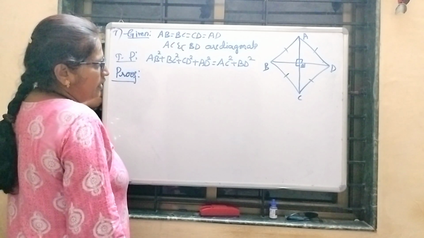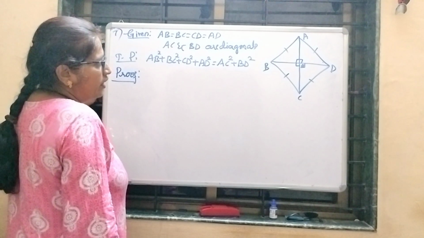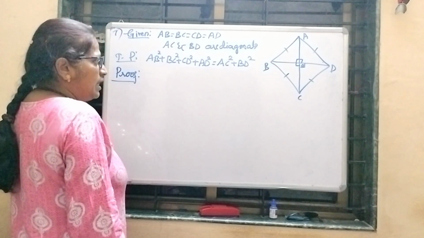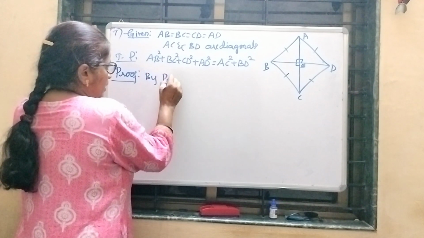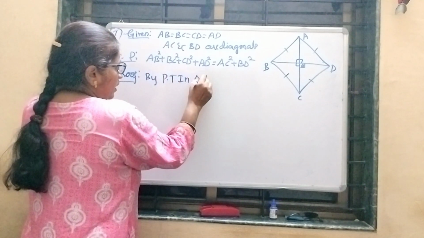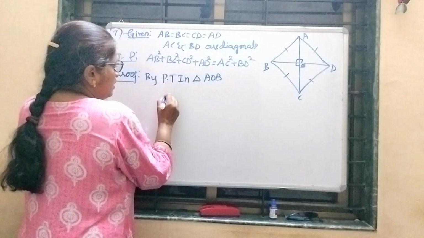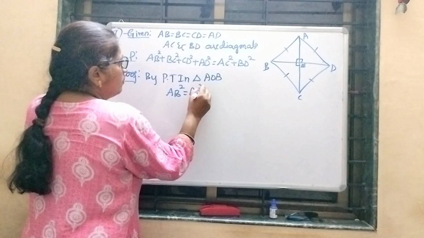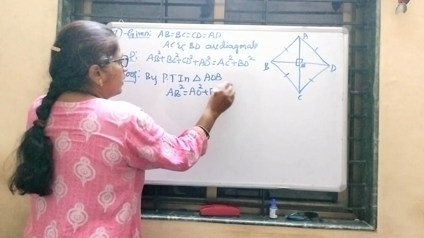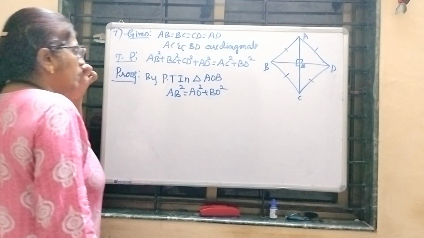We'll take one triangle, that is AOB. According to that, AB is the hypotenuse. So by Pythagoras theorem, in triangle AOB, you can write AB square is equal to AO square plus BO square.